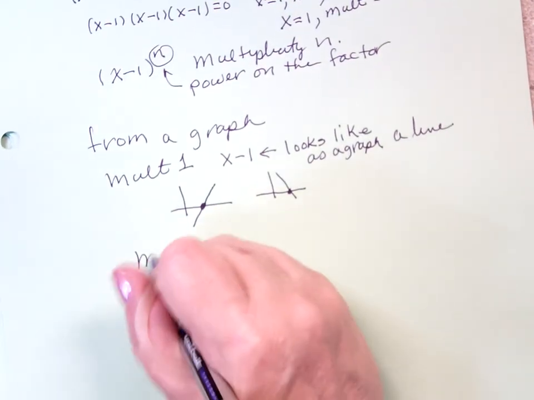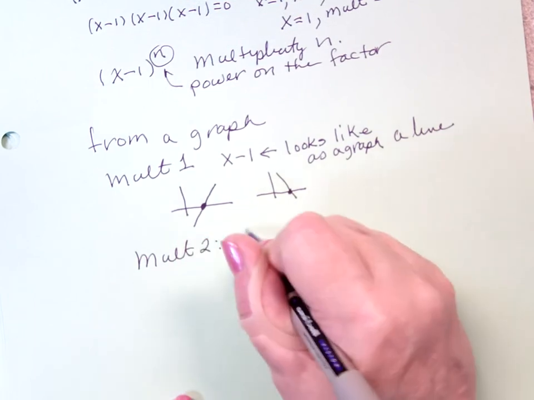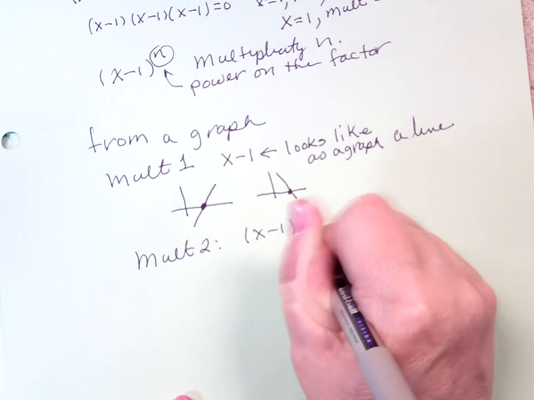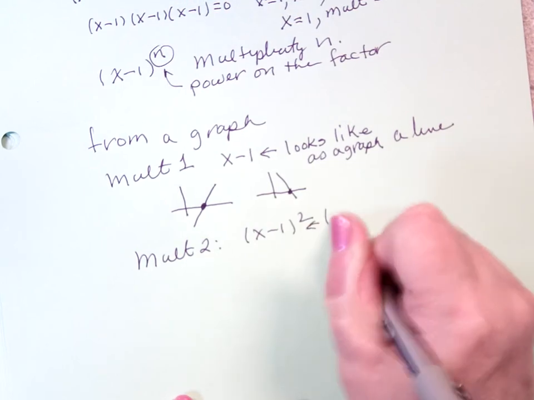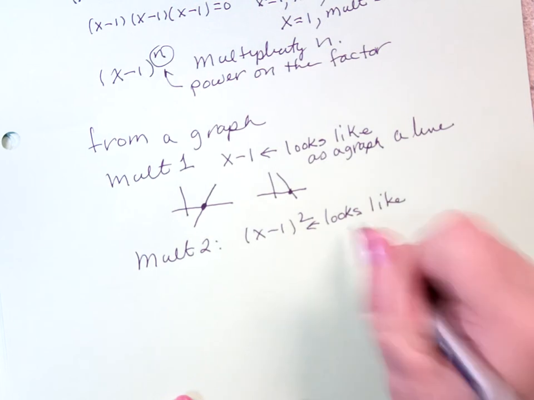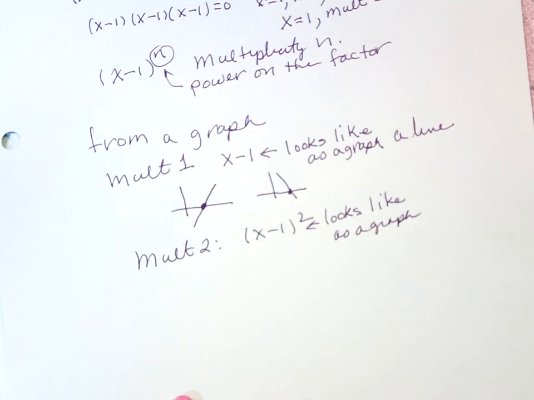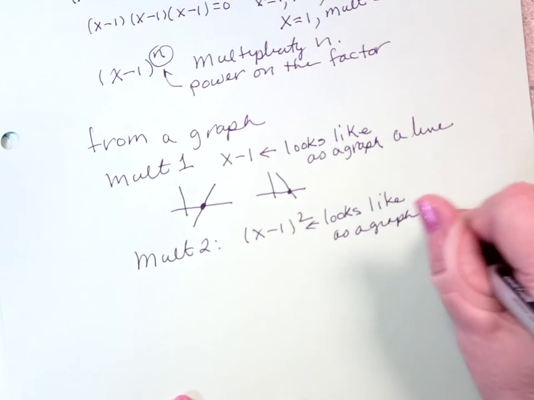Now multiplicity 2 would be something like x minus 1 squared. This guy looks like, as a graph, what? A U, or a parabola, right?